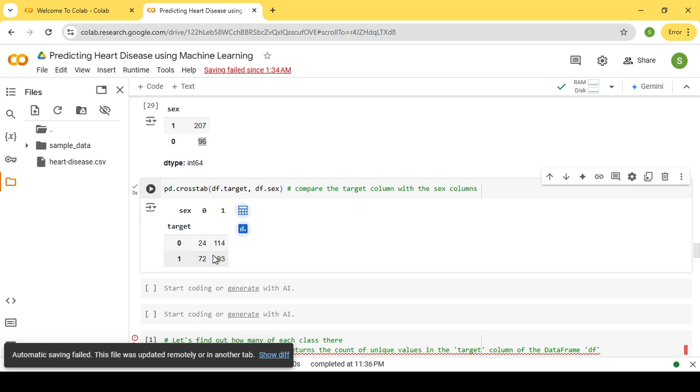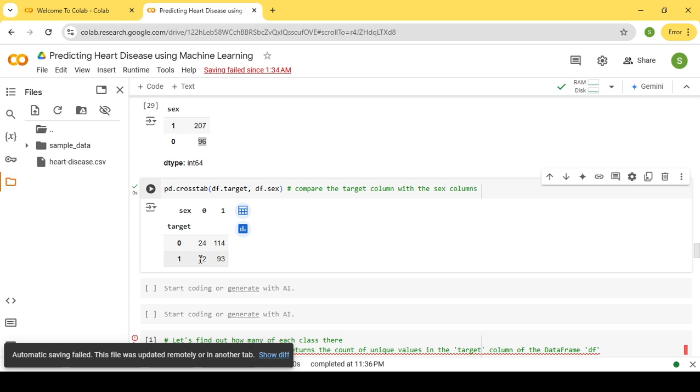Based on the data that we have, let me summarize this by saying, for example, we have 72 females out of a total of 96 who have heart disease. As you can see here, this is the female row, and we have 72 females with heart disease, and that represents more than 75% of the total female distribution that we have.